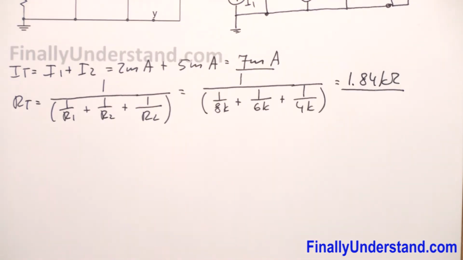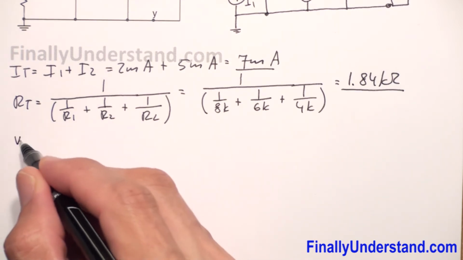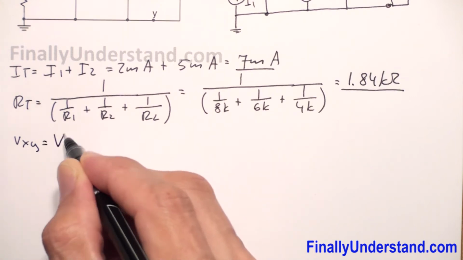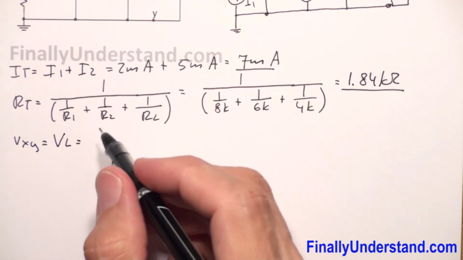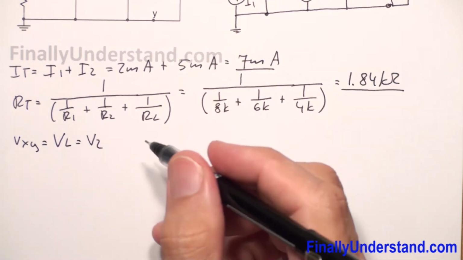If I want to find VL, I'm supposed to find VXY. VXY is equal to VL. This is also equal to V2, right?